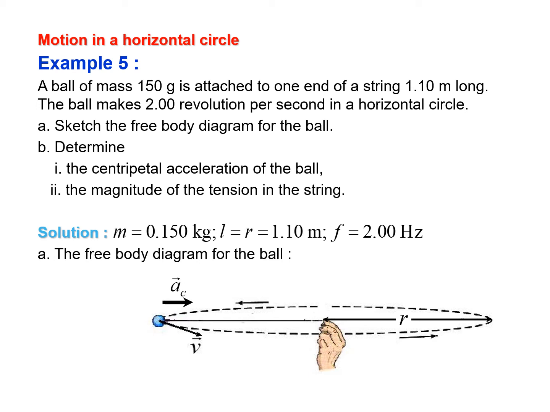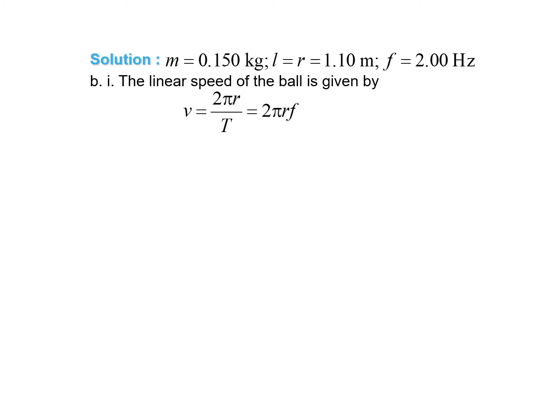Centripetal acceleration will always act toward the center of the rotation. Tension will also be in the same direction as the centripetal acceleration, and the weight will act downward, perpendicular to the tension. The linear speed we can calculate using the equation 2 pi r f.